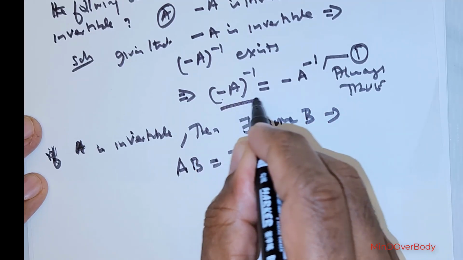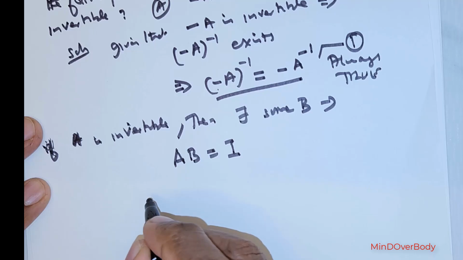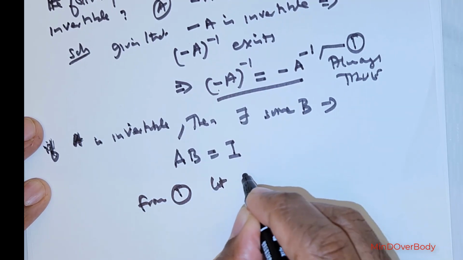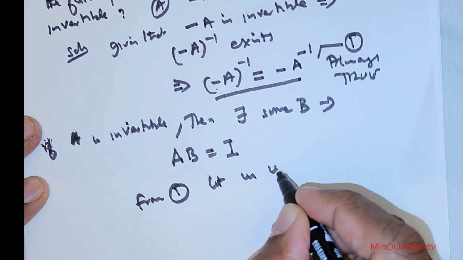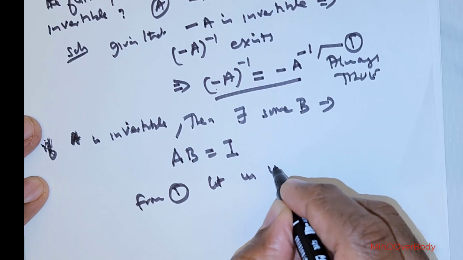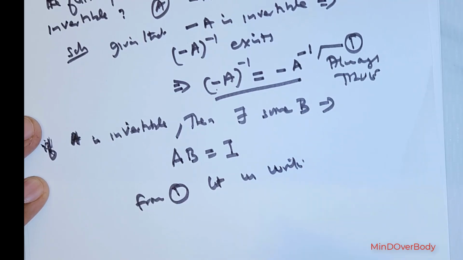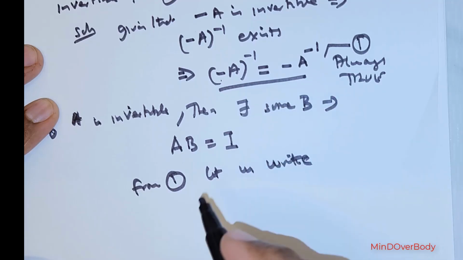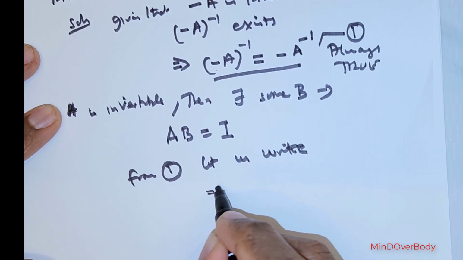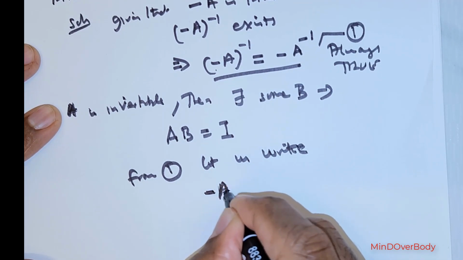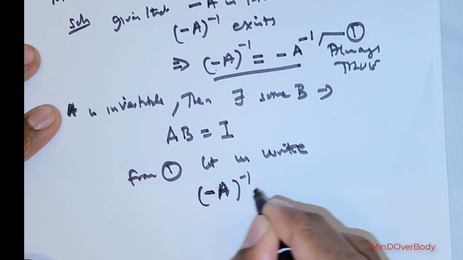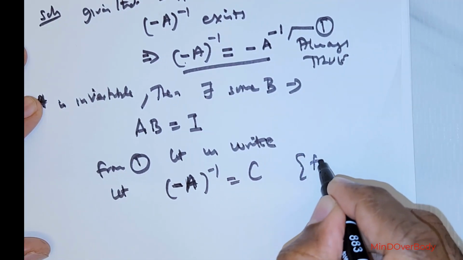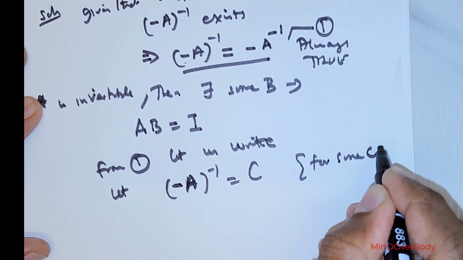And from 1, so this equation 1, I'm going to write it as (negative A) raised to the power of negative 1 be equal to C for some C.